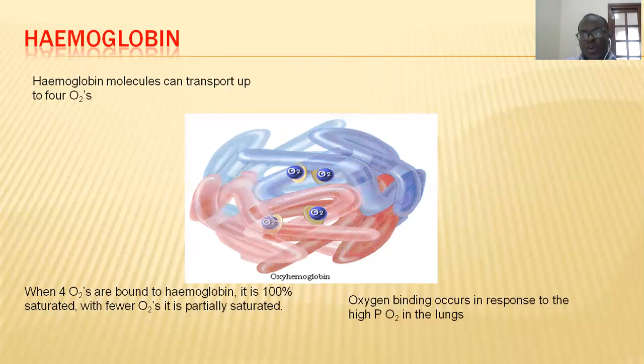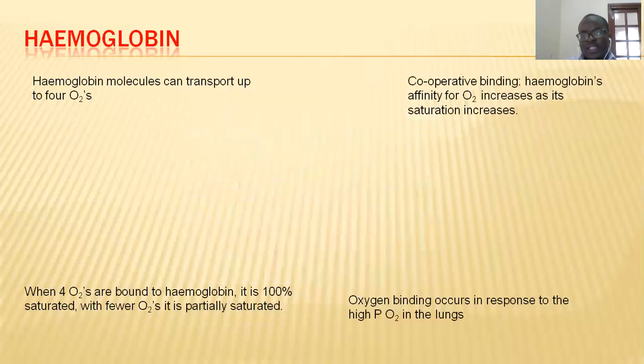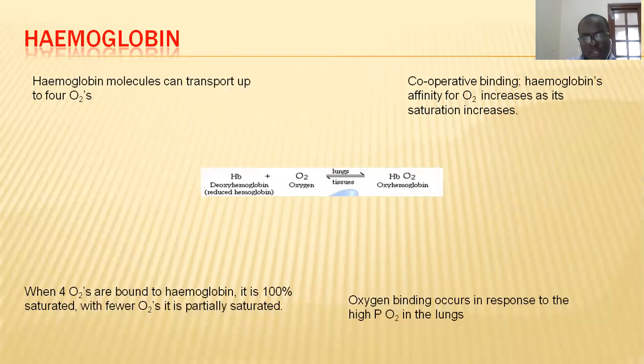The more the oxygen is binding, the greater the affinity of hemoglobin towards the oxygen, so that it reaches maximum in terms of transportation of this oxygen. Once you have 4 oxygen, then you have saturation of blood.